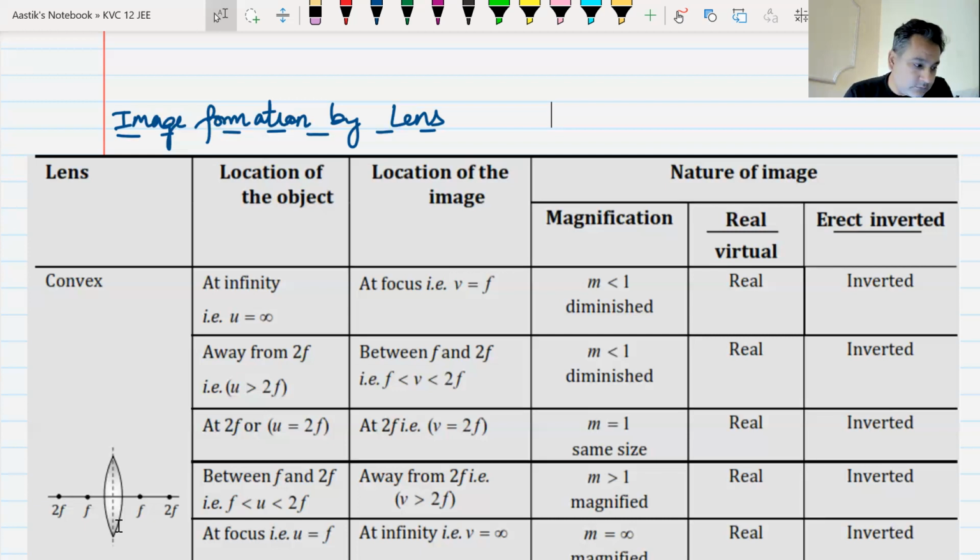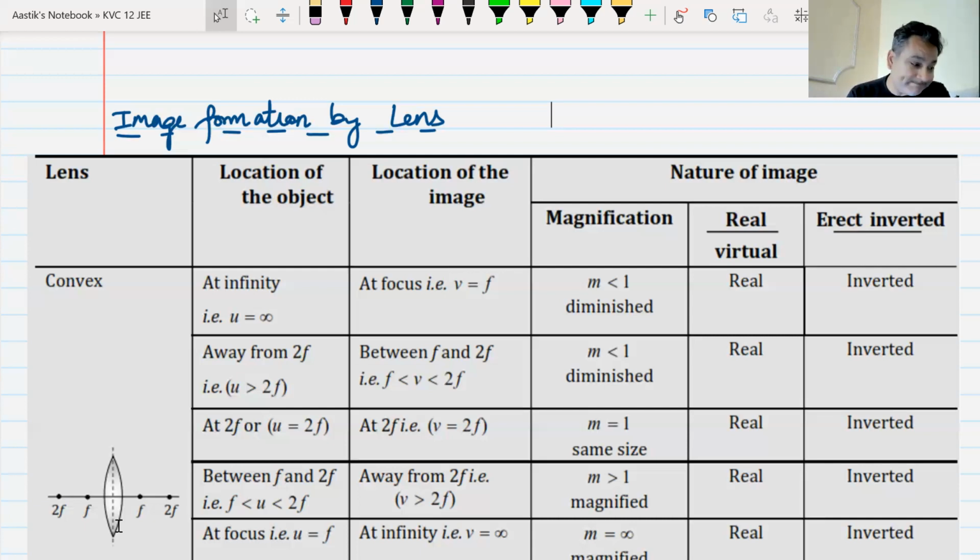Explain with ray diagram, sir. Then we can easily remember it. I'll waste an entire class in drawing a ray diagram. Beta, it will make no sense. It's a problem because we'll not be able to cover your course.